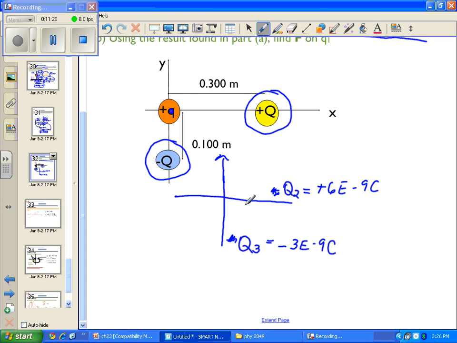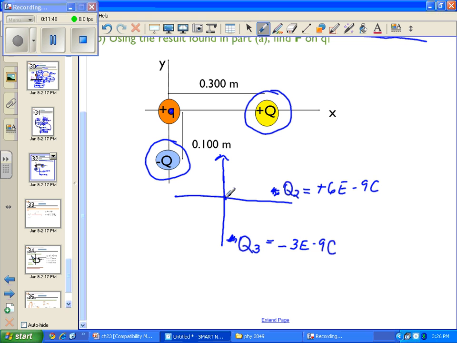All right, well, the best approach is to begin individually with these source charges. Let's say we want to focus only on Q3 as a source charge. What is it going to produce for us at the origin? Well, the first thing we want to do is to get the direction. And the way that we get the direction of the electric field due to a source charge is that we imagine that we could put a little proton at the origin.